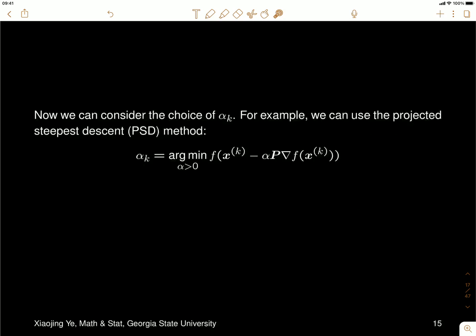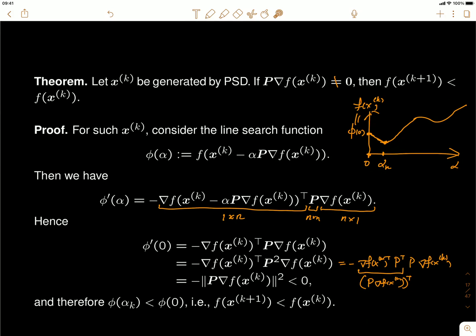But actually, as long as this phi prime condition is true, there are many ways to choose alpha k. It doesn't have to be the minimum point, because once it's going down, there will be a range of points that have smaller values than phi of 0. You can choose any alpha in that range, and that will give you a reduced function value.